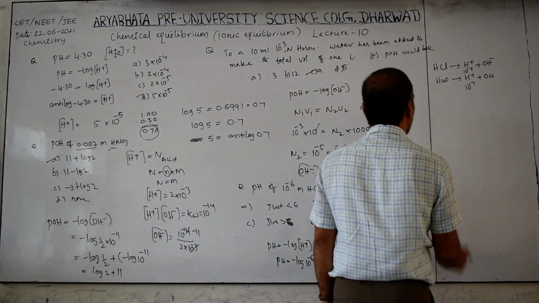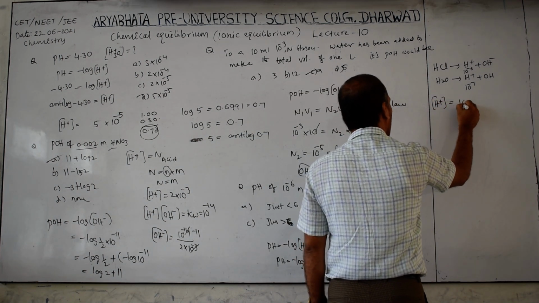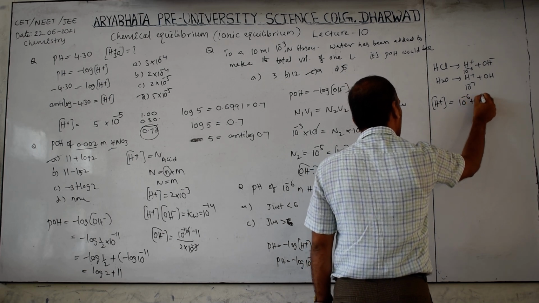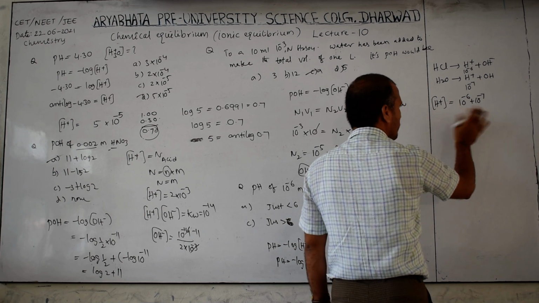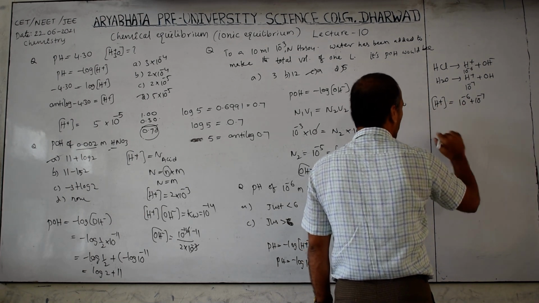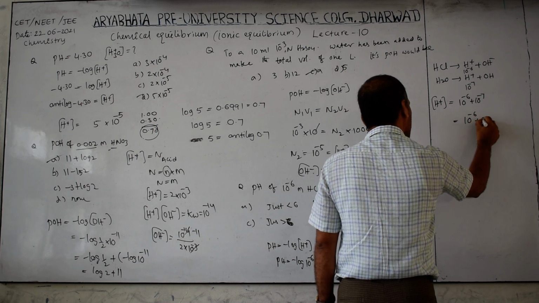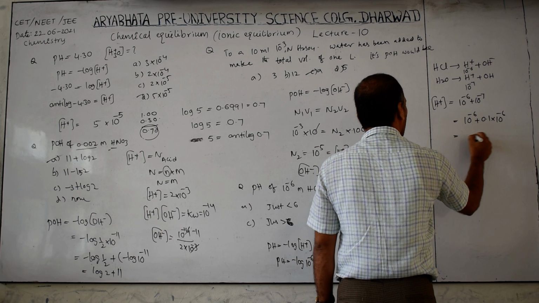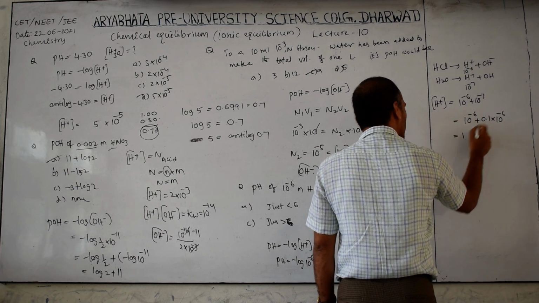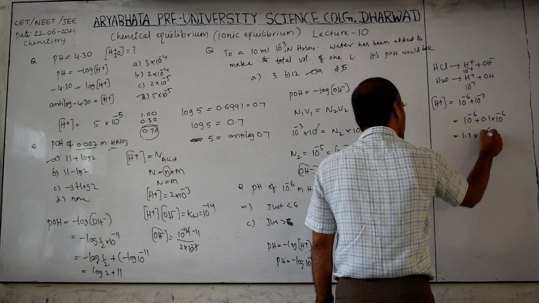Therefore, H plus ion concentration is 10 power minus 6 plus 10 power minus 7. When adding, the power should be the same. Therefore, 10 power minus 6 plus 0.1 into 10 power minus 6. Therefore, this 1 and this 0.1 gives 1.1 into 10 power minus 6.